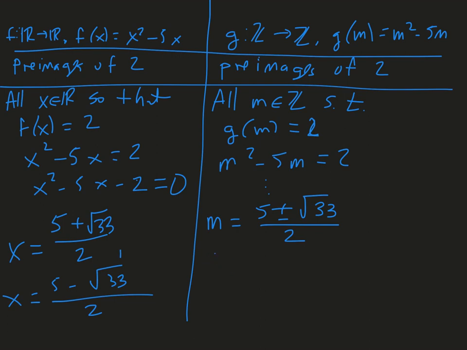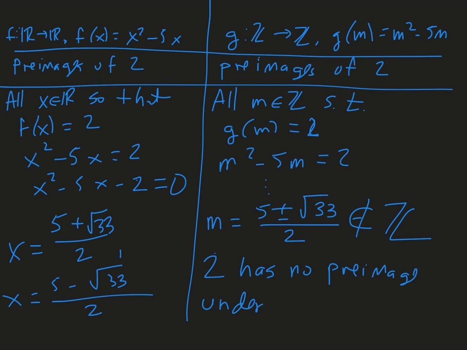Once I get to the end, this is not an integer. So what does that mean? It means 2 has no preimage under g.